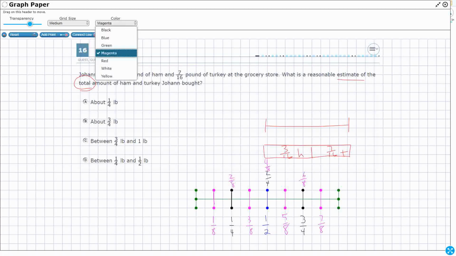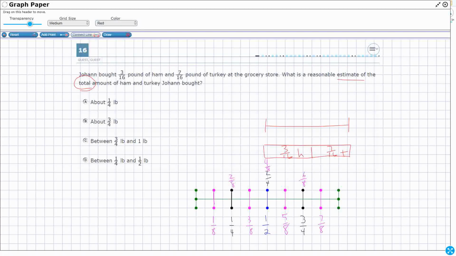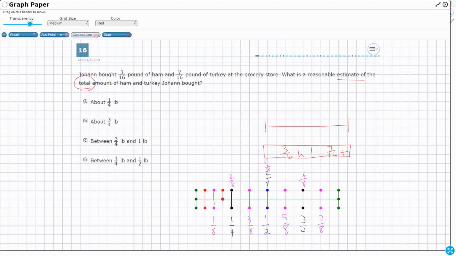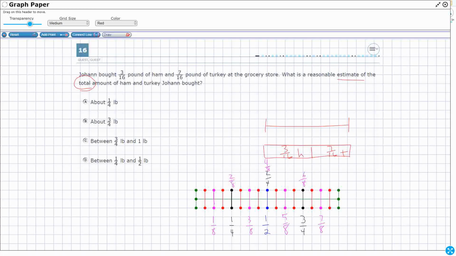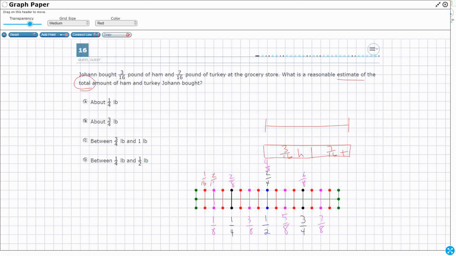I'm down to my very final line, and we'll see it right here. These are my 16ths, and that's what we have at the beginning of this problem, right? I've got a 1/16, 2/16, 3/16, 4/16, 5/16, and so on.